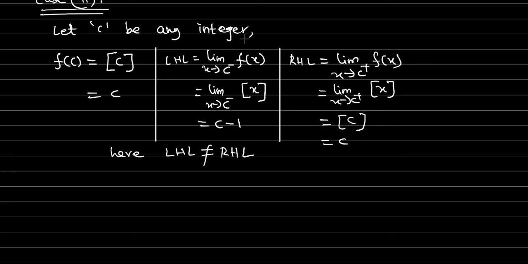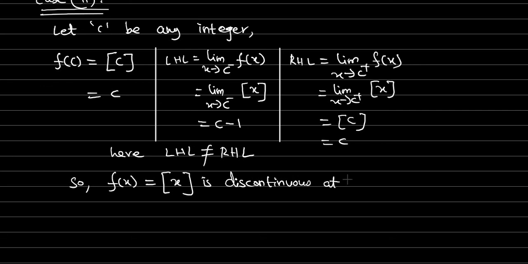At C, any integer taken, the function is discontinuous at C. C is an integer, so the function is discontinuous at each and every integral point. Integral point means integer only I am saying. So f of x equal to the greater integer function is discontinuous at every integral point.